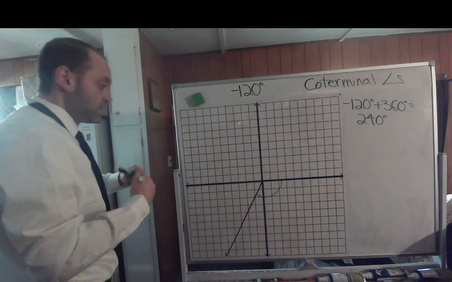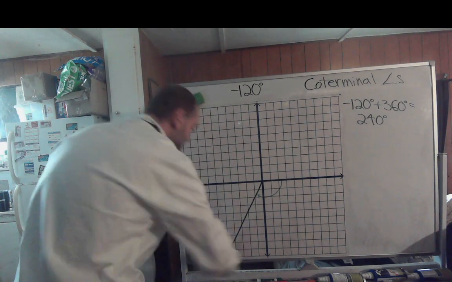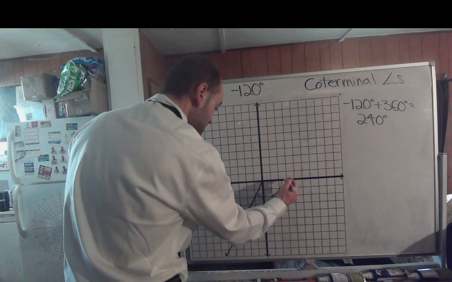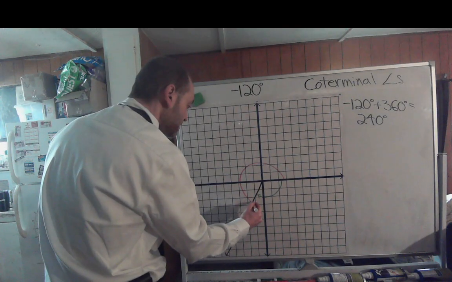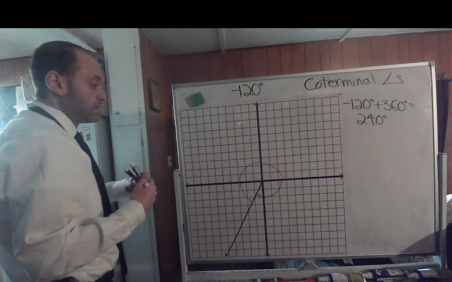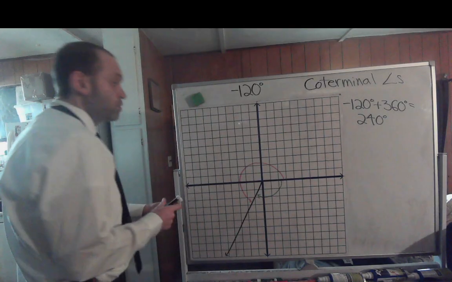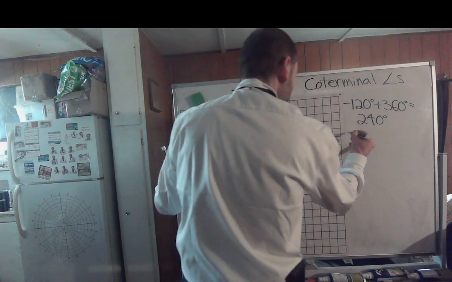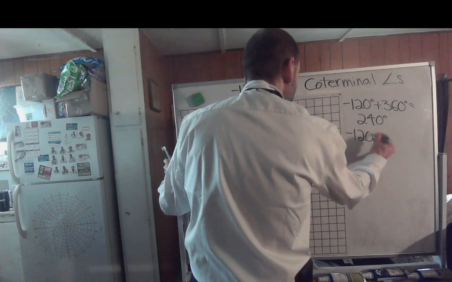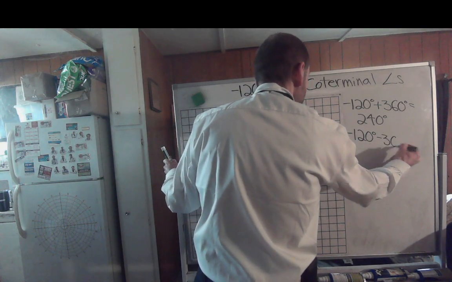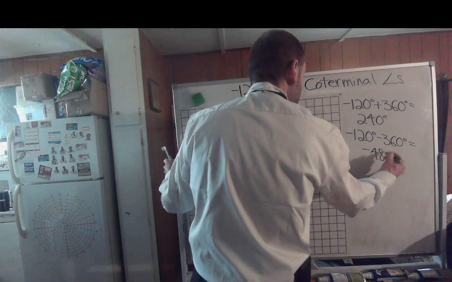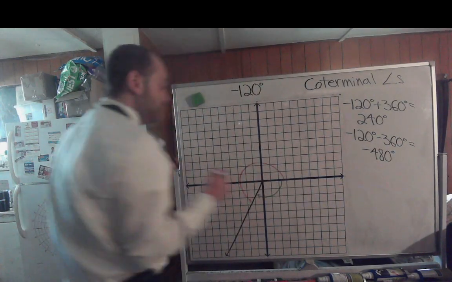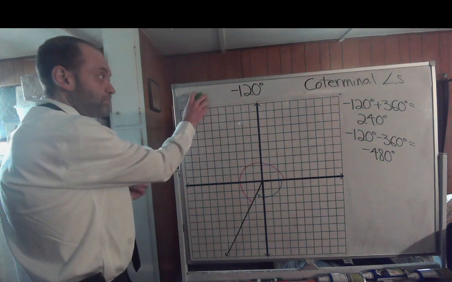So that would be the same as if I went counterclockwise down to 240 degrees, it makes no difference there. Or if I want to find a coterminal angle that's negative, take negative 120 minus 360, you would end up getting negative 480 degrees. They would both be the exact same thing.